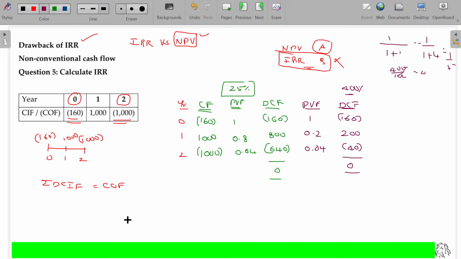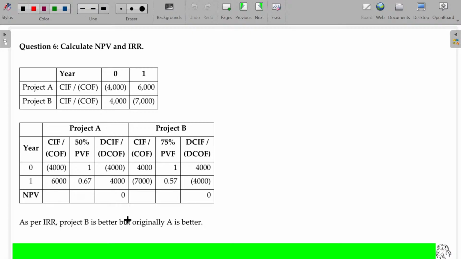And similarly, one more case. See here. In this case also the same problem comes. Project A, in usual conventional cash flow, means we need to have outflow at the 0th period and inflow in the 8th period. But in project B, inflow in the very beginning, outflow in the next period.